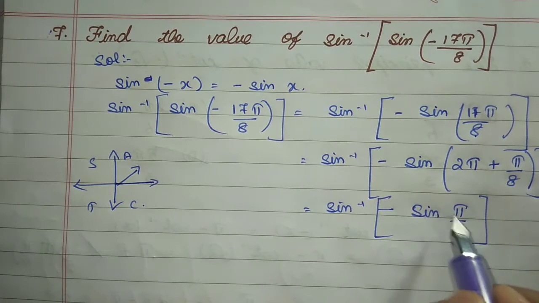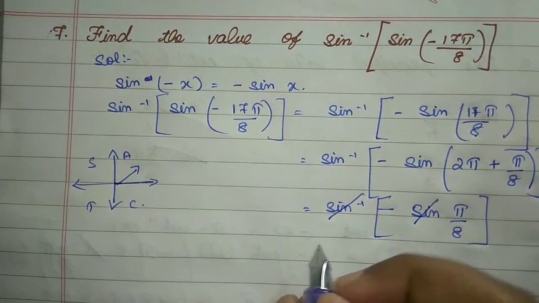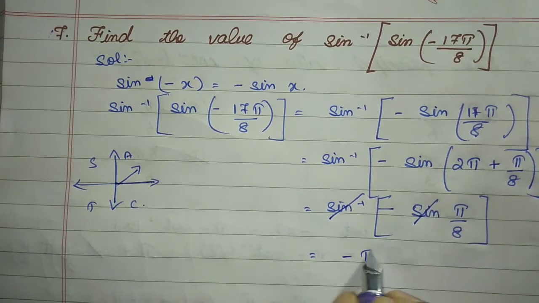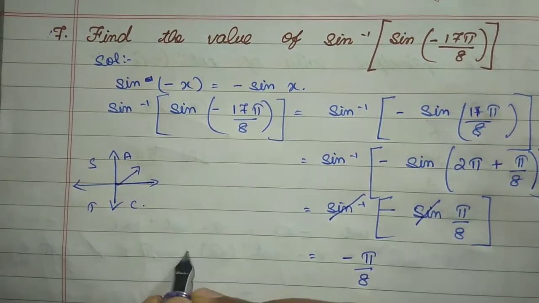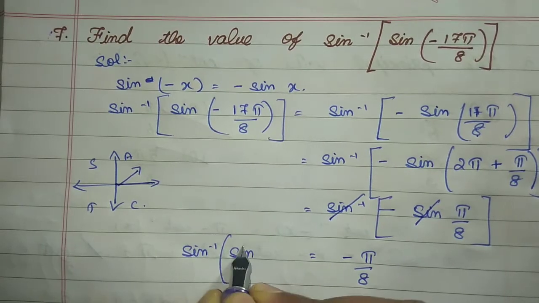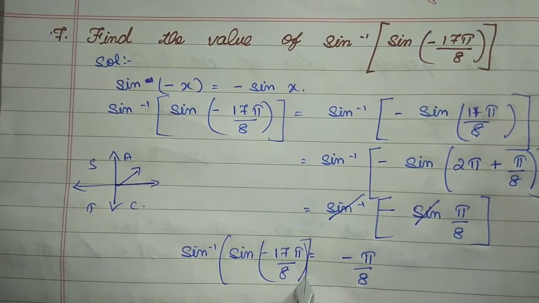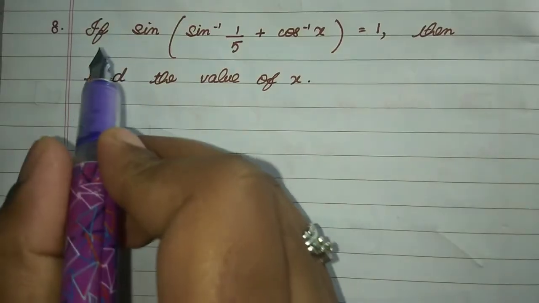Okay, so we don't know the value of sine pi by 8, no? So sine and sine inverse will get cancelled and we will be having minus pi by 8. So the answer is this: sine inverse of sine of minus 17 pi by 8 is minus pi by 8.